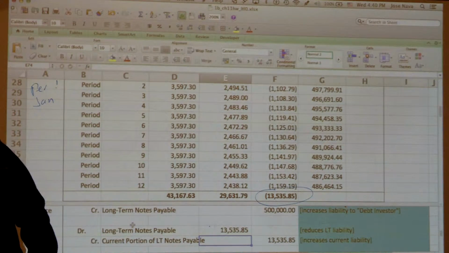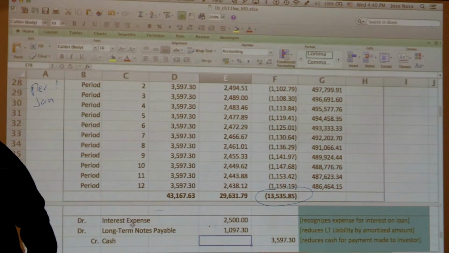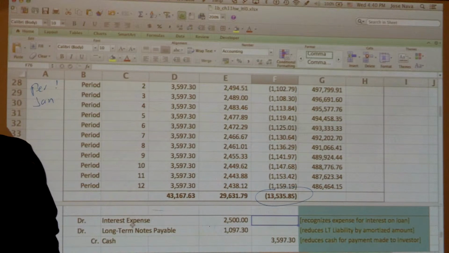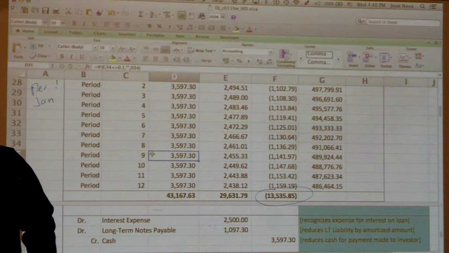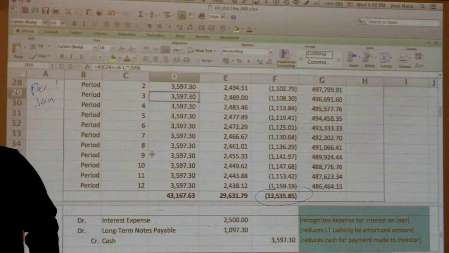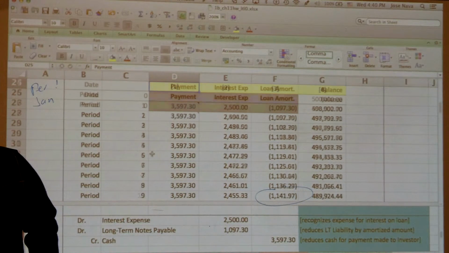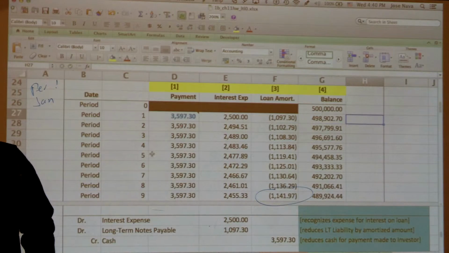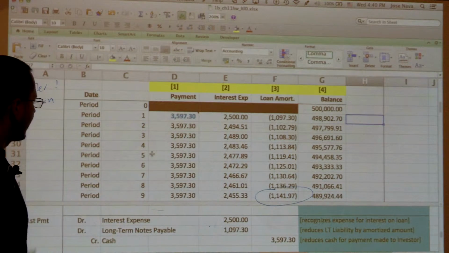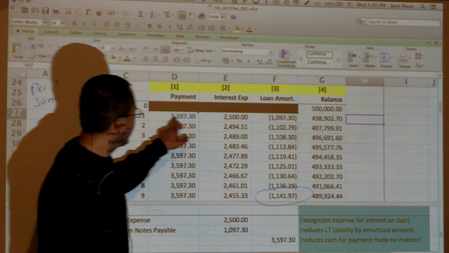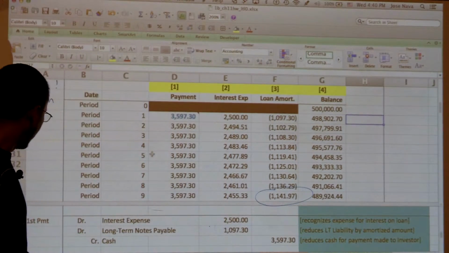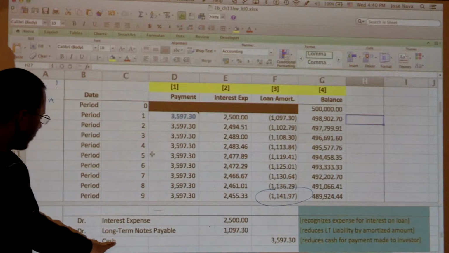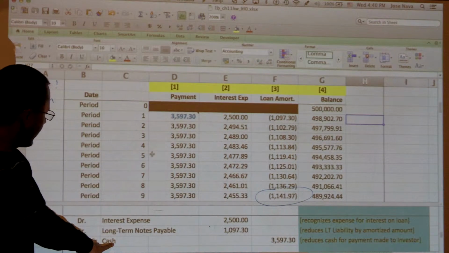And finally, for this problem, they also asked to book the entry for the interest expense for the first period. So let me go back to this first period that we already looked at before. As you can see, you can get from this first line the numbers you will need for the first payment. The payment itself, as we said before, is fixed.